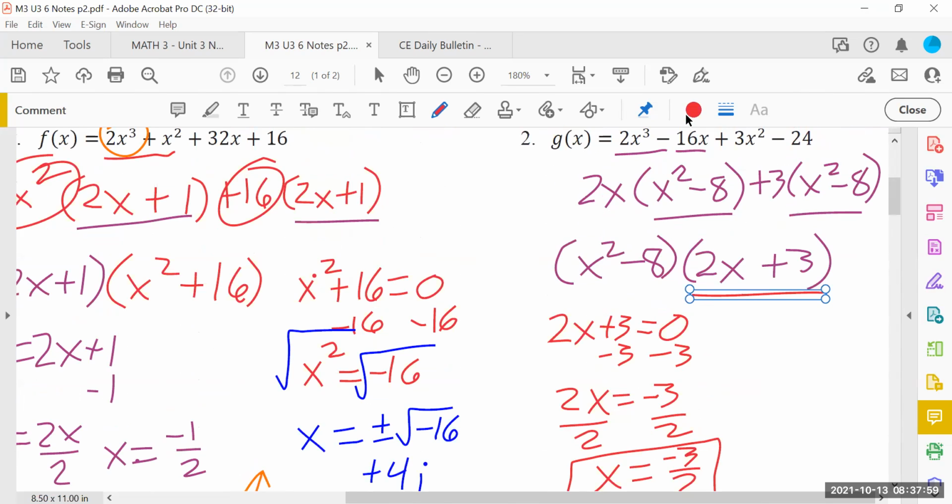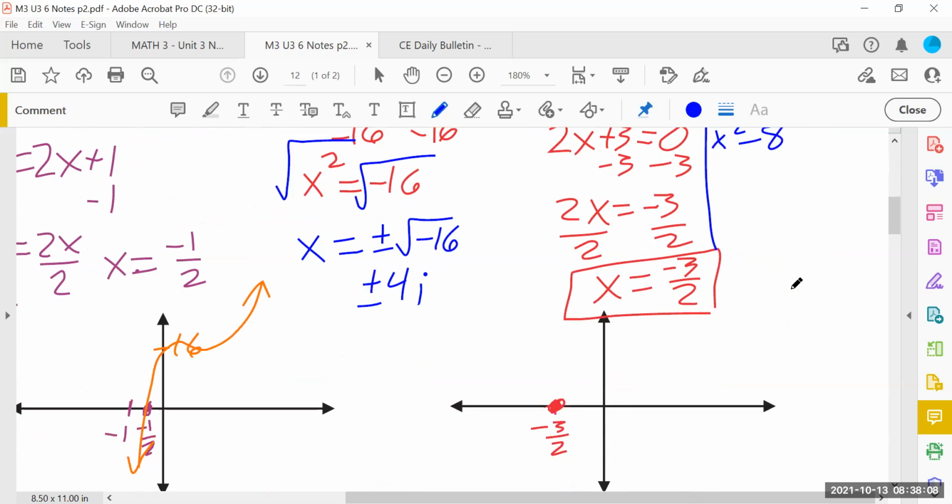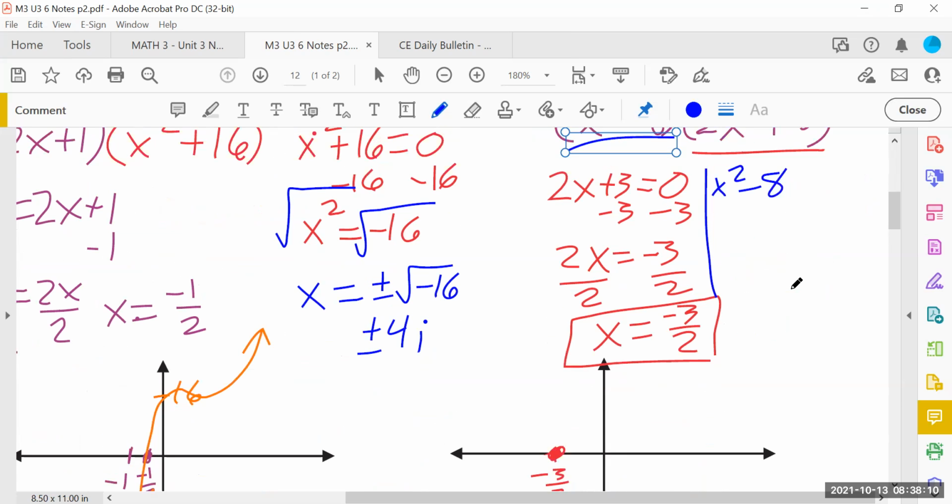What about that x squared minus 8? X squared minus 8, I can set that equal to 0. X squared minus 8 equals 0. I can add 8 to both sides. X squared equals 8. I can take the square root of both sides.